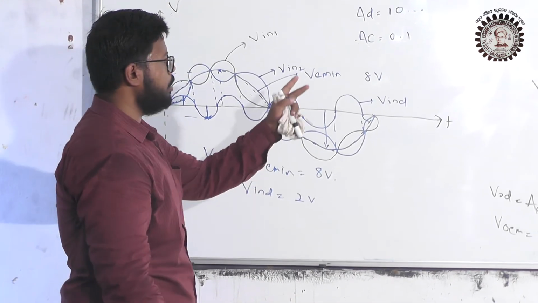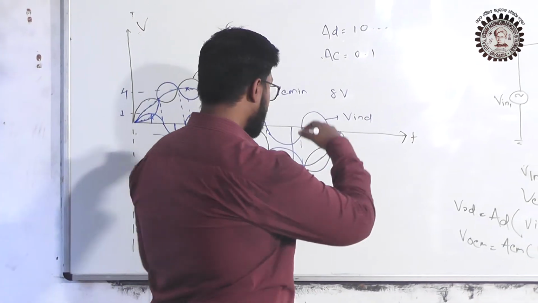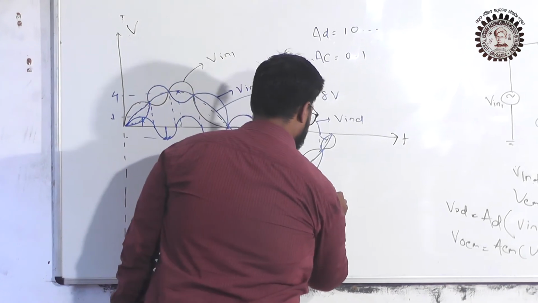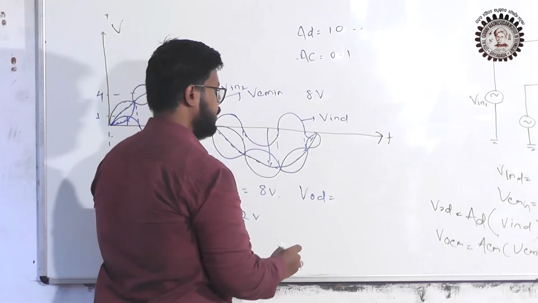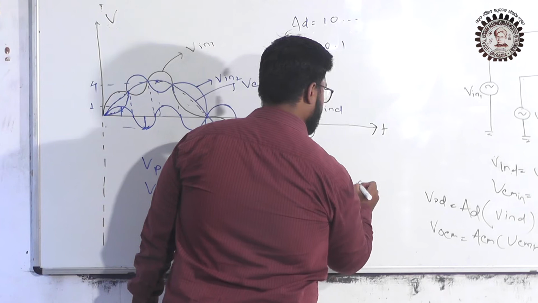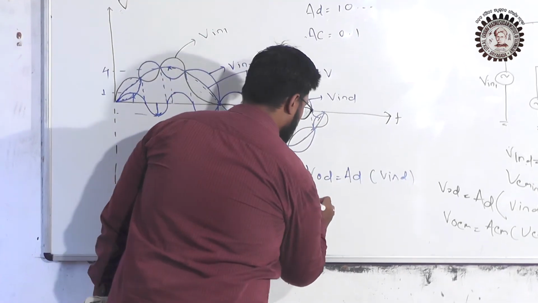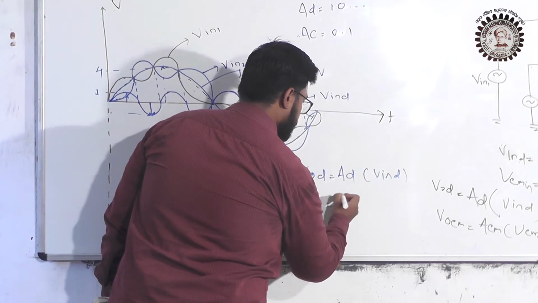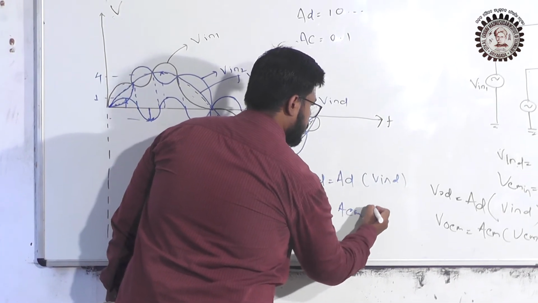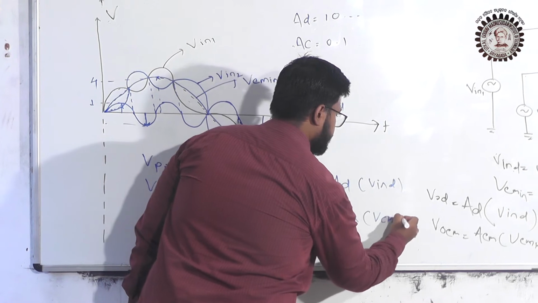So these two signals will always be on the input side. While getting the output, V differential output will be differential gain times differential input. Similarly, the common mode output will be A common mode times V common mode input.